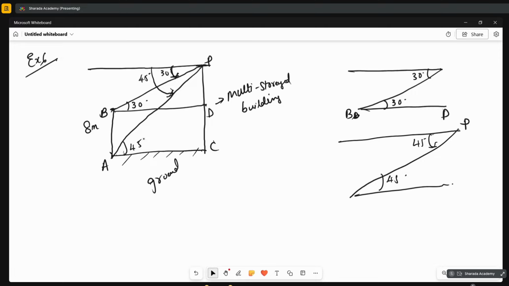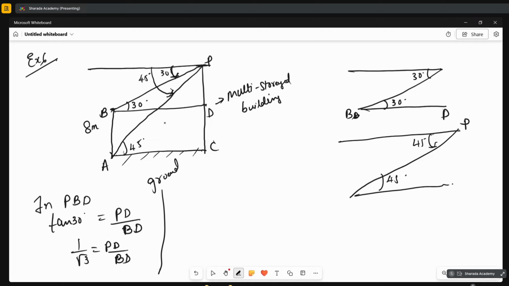Now take triangle PBD. Tan 30 degrees is equal to PD by BD. 1 by root 3 is equal to PD by BD. Let it be like this for now.